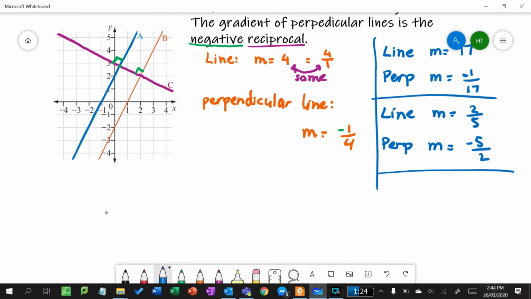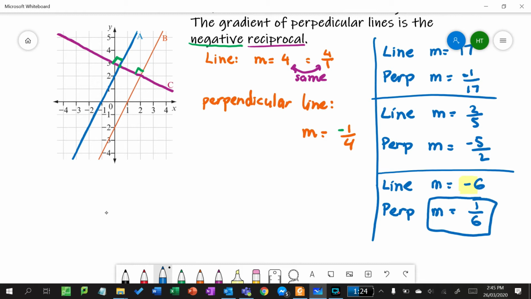What if the original line had a negative gradient? What happens then? Let's say I had a line which had a gradient of negative 6, then the perpendicular gradient would be, 6 becomes 1 over 6, and because there's a negative here, we wouldn't have a negative in the perpendicular line.